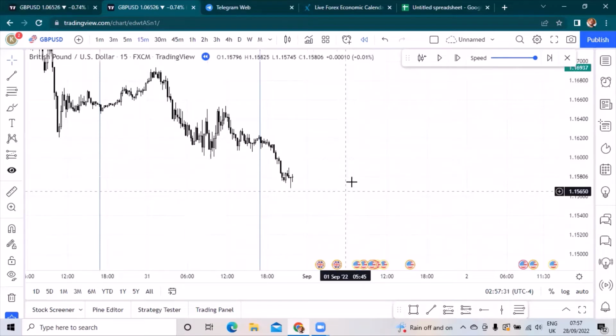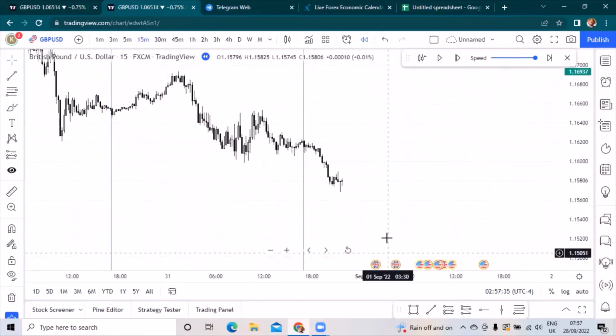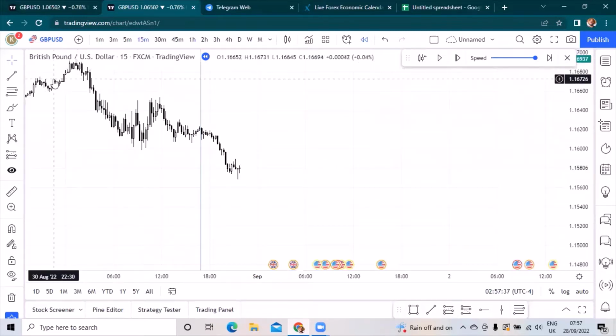So this is the 15 minutes time frame. I'm a scalper, and I make sure I build my daily bias, not really daily bias, but session bias, from the 15 minutes for any session. This is not because I can't go to a higher time frame like daily, 4 hour, blah blah blah.